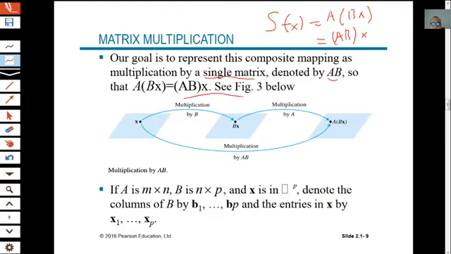Instead of two linear transformations, we just define a single transformation to obtain this one.